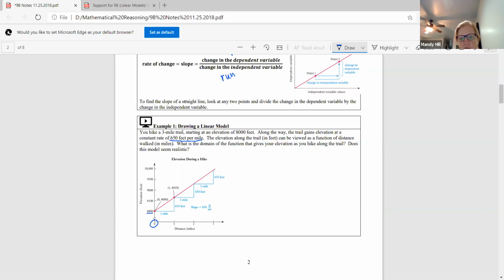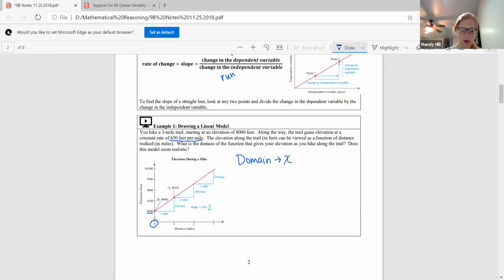The elevation along the trail in feet can be viewed as a function of distance walked in miles. What is the domain of the function that gives your elevation as you hike along? Does this model seem realistic? Well, domain is a fancy word for saying your x value.